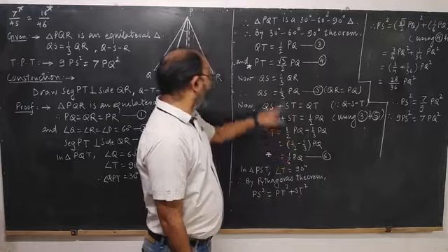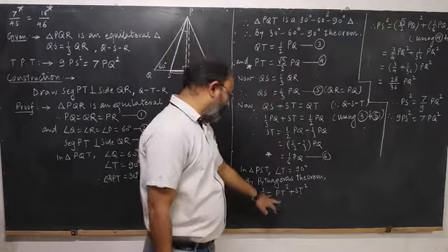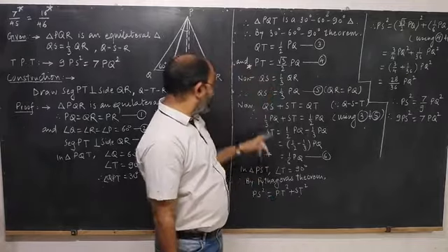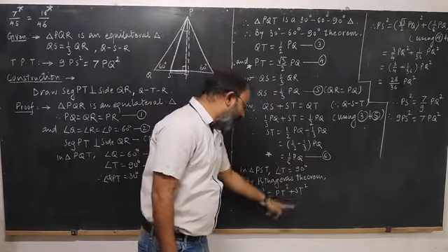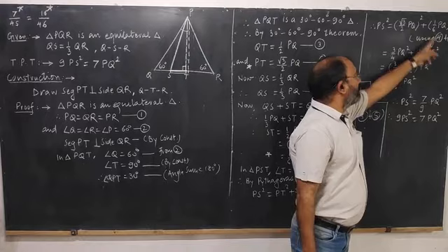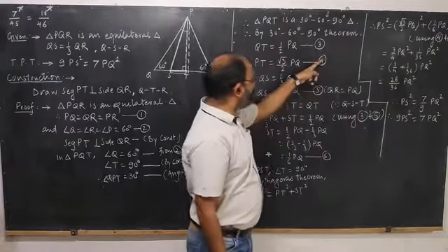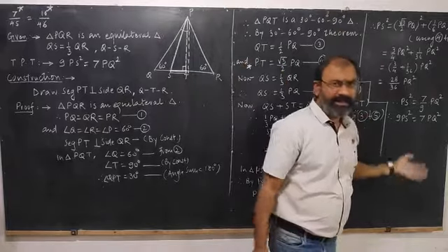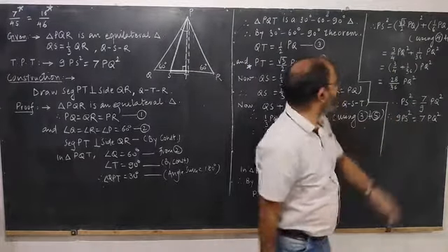PT is √3/2 times PQ, and ST is 1/6 of PQ. Using equation number 4 and equation number 6. The rest of the part is a mechanical roll down exercise.